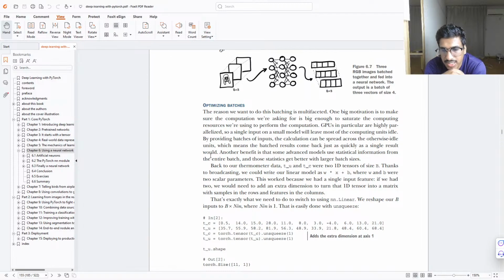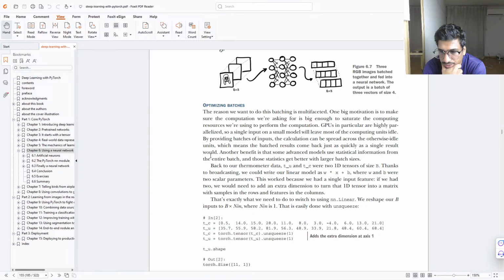Another benefit is that some advanced models use statistical information from the entire batch, and those statistics get better with larger batch sizes. Back to our thermometer data, t_u and t_c were two 1D tensors of size B. Thanks to broadcasting, we could write our linear model as w * x + b, where w and b were two scalar parameters.